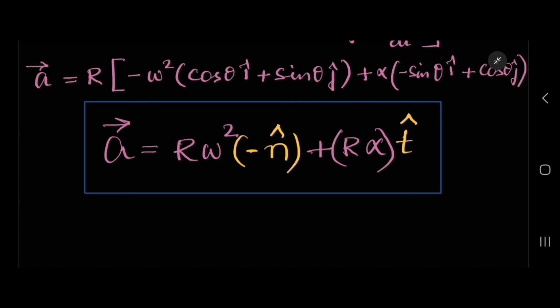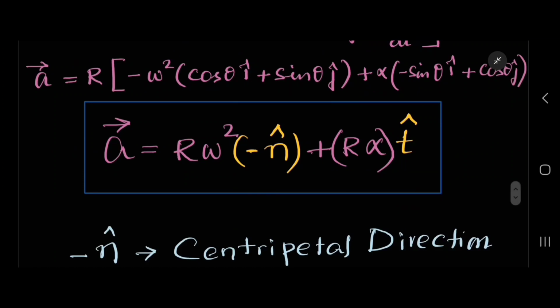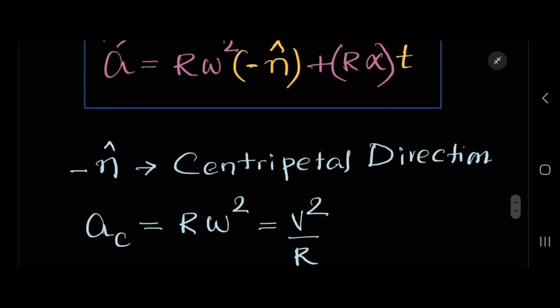So if a particle has to trace a circular path, definitely there is an acceleration in the centripetal direction. As you can see, minus n cap is the centripetal direction. That centripetal acceleration has a magnitude of r omega square, and omega can be written as v by r. Solving that, we get v square by r. So the expression for centripetal acceleration is omega square r or v square by r.